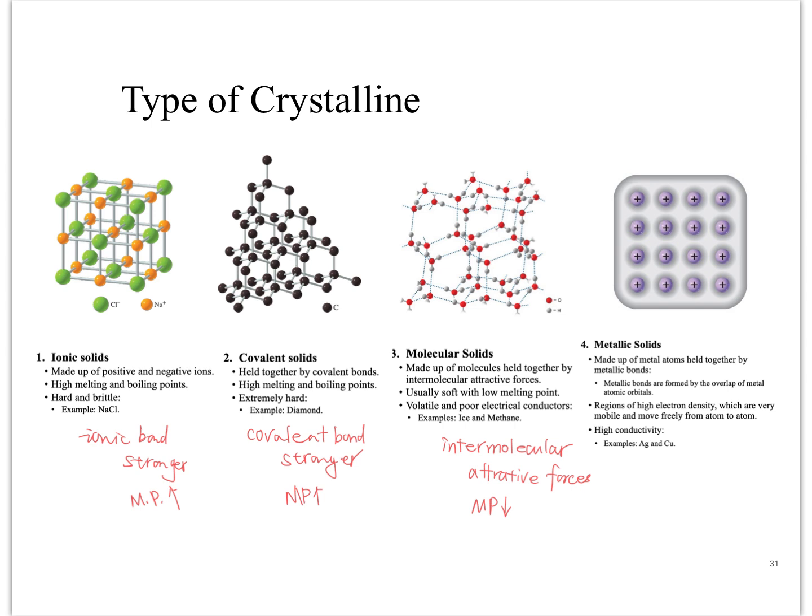For metallic solids, because the atoms are packed very closely to each other, they usually give a very high density compared to the others. So metal usually will be heavier compared to some other types of crystals.